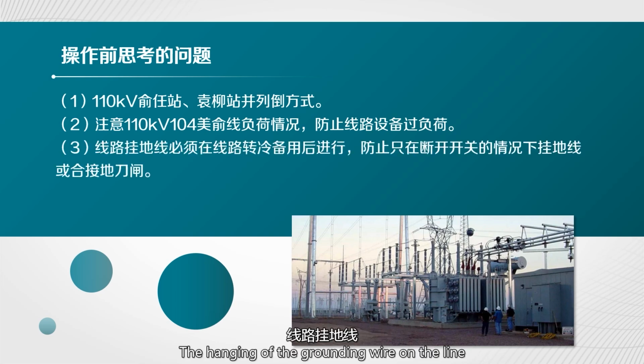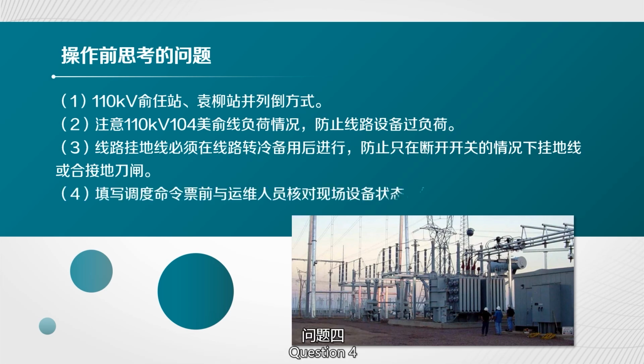Question 3. The grounding wire on the line must be hung only after the line is turned to the cold standby state, to prevent hanging the grounding wire or closing the grounding knife switch when the switch is not disconnected. Question 4.